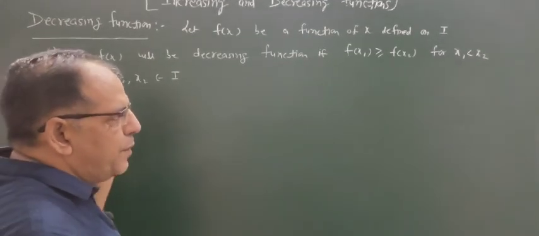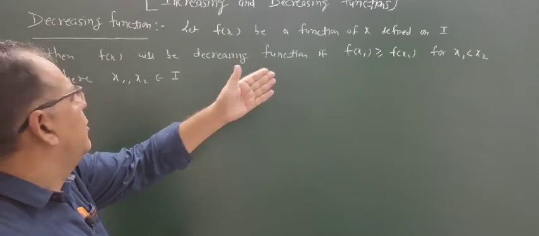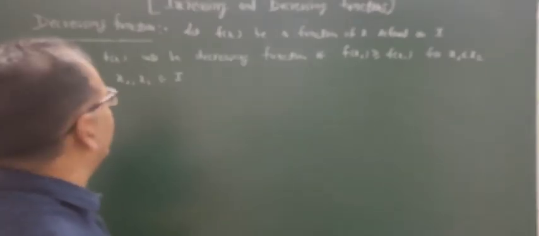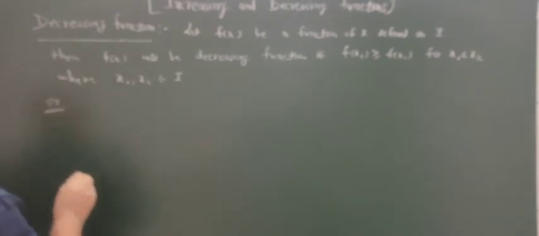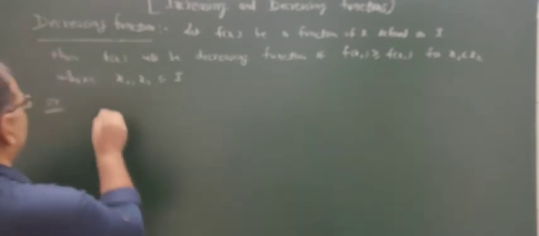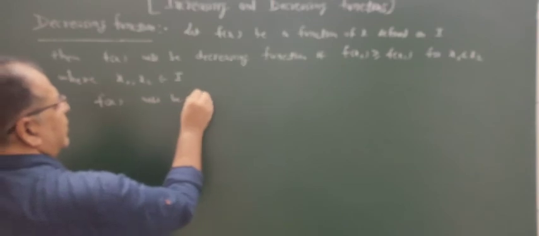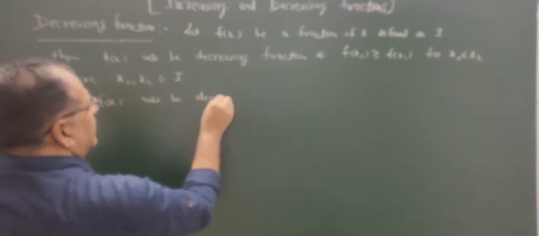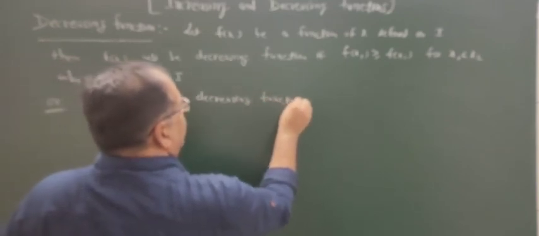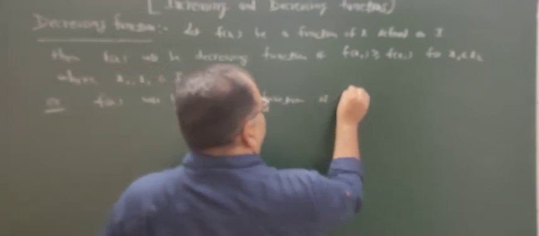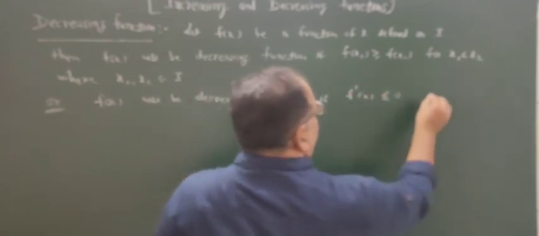That means if the value of x increases, then the value of f(x) decreases in the interval I. Using the differential method, f(x) will be a decreasing function if f'(x) is less than or equal to 0 in I.